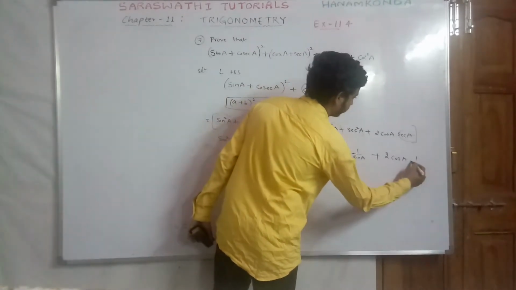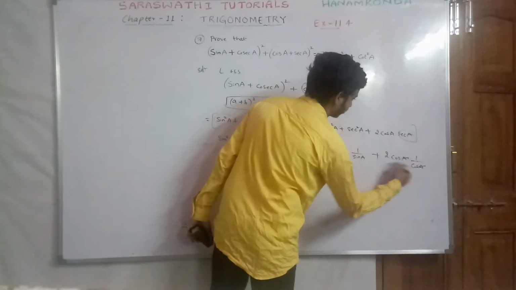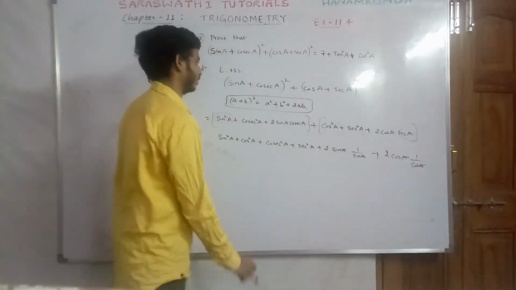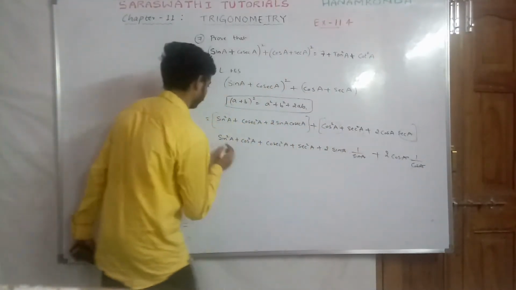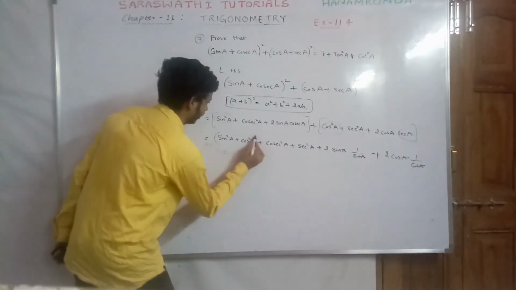Sec a can be written as 1 by cos a. So cos a both get cancelled, sin a gets cancelled. That means 2 plus 2. Okay, this is 4.